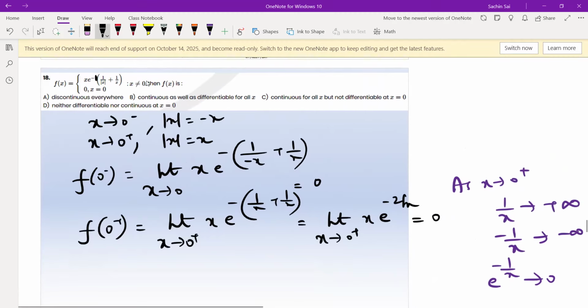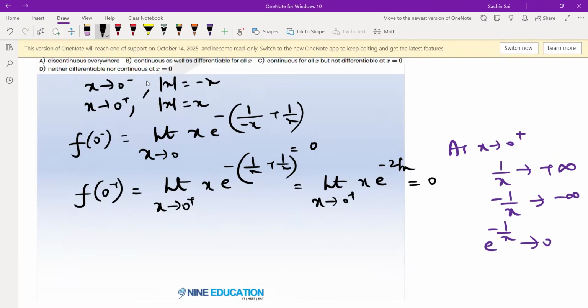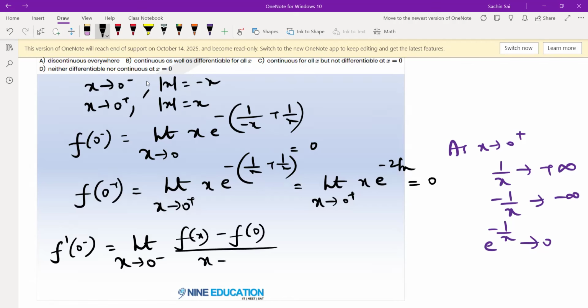So here, if we take the definition, the left derivative, f dash of 0 minus will be the limit as x tends to 0 minus of f of x minus f of 0 by x minus 0, right? So here, f of 0 is 0. For f of x, you should take it after replacing mod x with minus x.